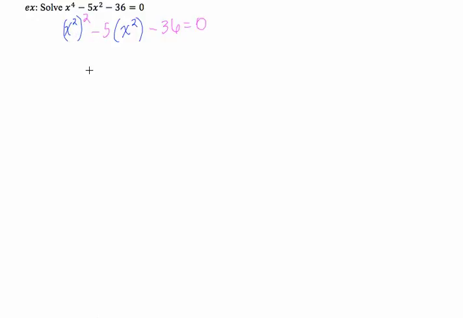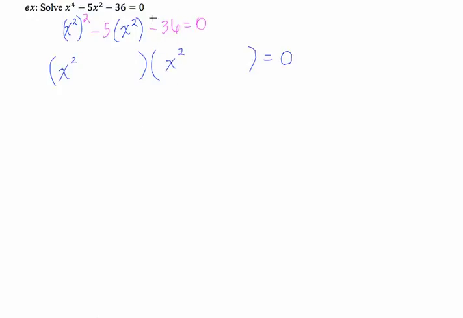Why would I do that? Well, it's because now I can think of it as a quadratic. I have something squared minus 5 times that same something minus a 36. So let's see if it factors. The only difference between this and a regular quadratic is that instead of x here and here, I have x squared. So if I factor, I would put x squared and x squared.